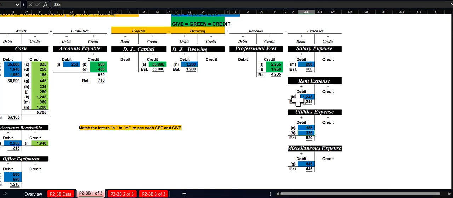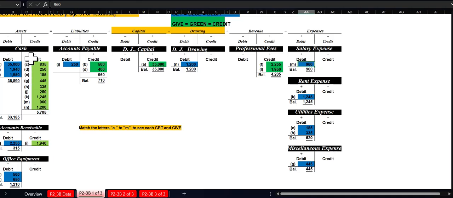When they use the services of the building, they have a get. When they use the services of their employees, they have a get. So that's why it's normal for expenses to have the entry on the left or debit side, and so it's said to have a normal debit balance.